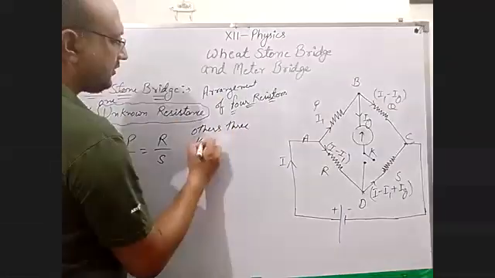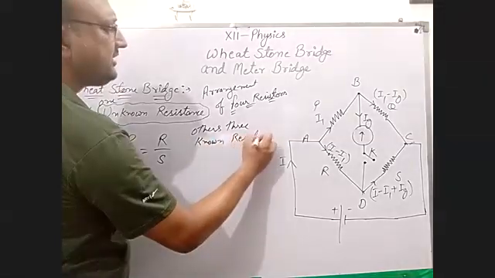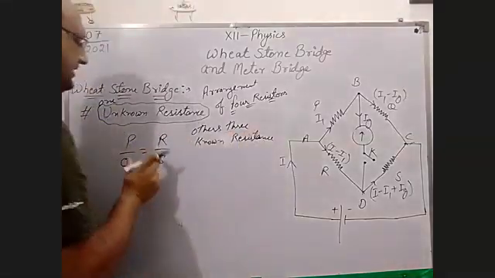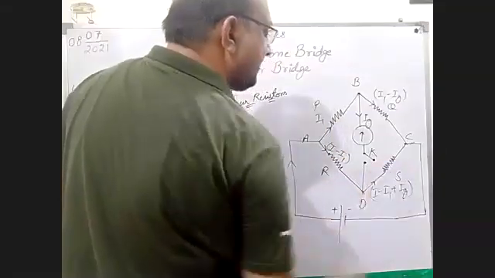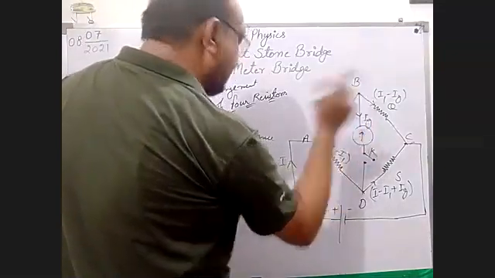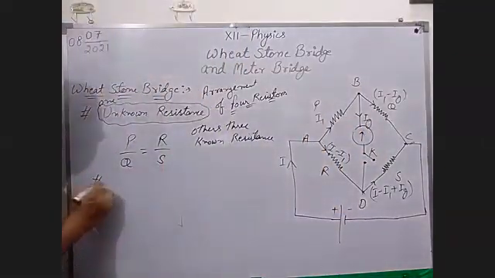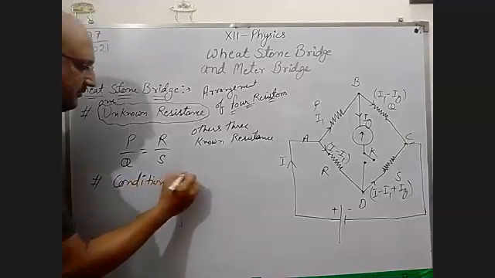P upon Q ratio is always equal to R upon S if the condition is balanced. Note this: condition is balanced.